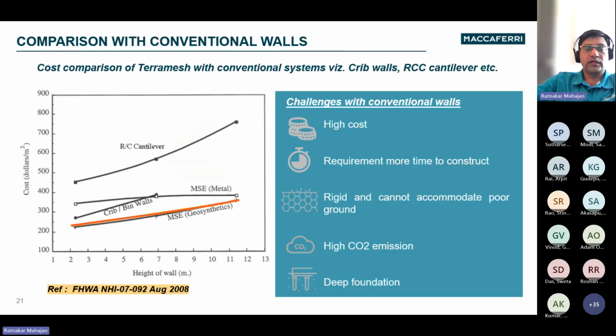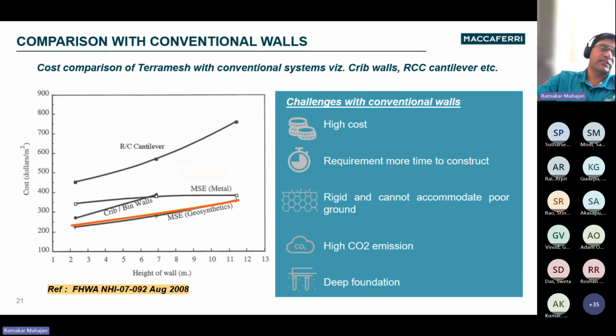Now, if we want to understand the cost comparison of reinforced soil structures, let's look at the cost comparison of the TerraMesh system with conventional crib walls or RCC cantilever walls. This is a graph borrowed from the FHWA guideline, where you have the cost in dollars per square meter on the y-axis and the height of wall in meters on the x-axis.